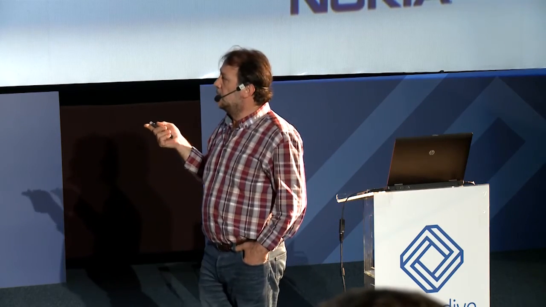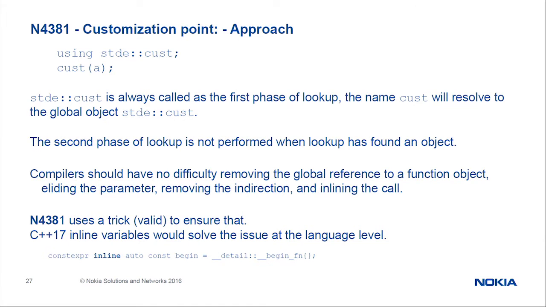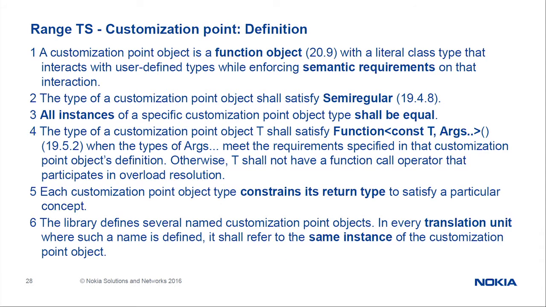I believe that the trick used to ensure there is no ODR violation, the one definition rule, so that the instance exists only once, could be managed very well in C++17 with inline variables. But I have not had the opportunity to check it on a compiler.